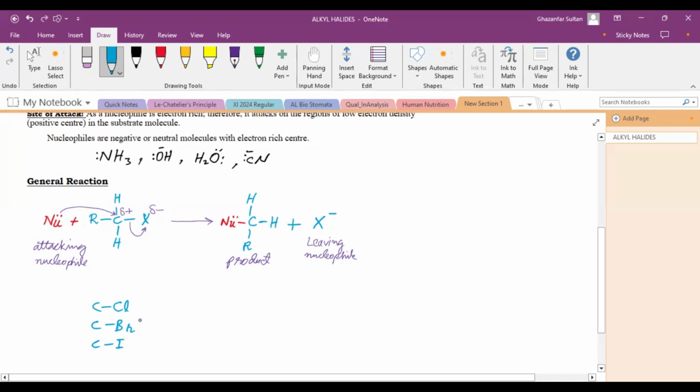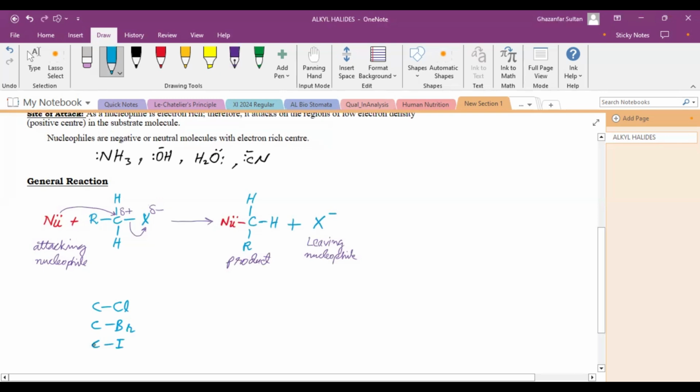As we know, the size of the halogen atom increases down the group. So the distance between the nuclei increases and the electronegativity also decreases down the group.